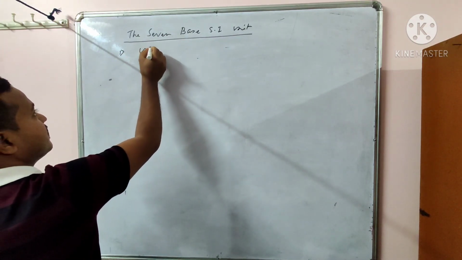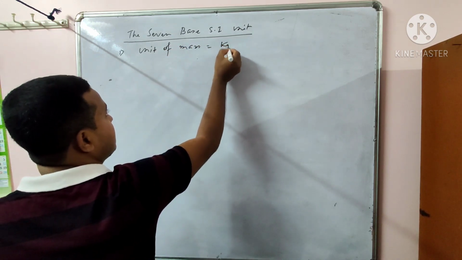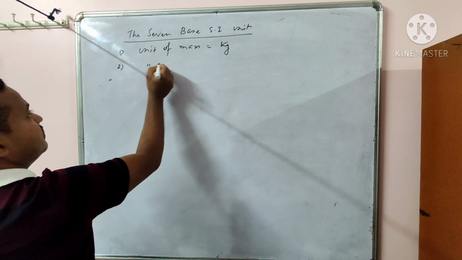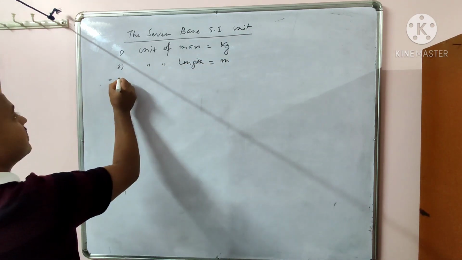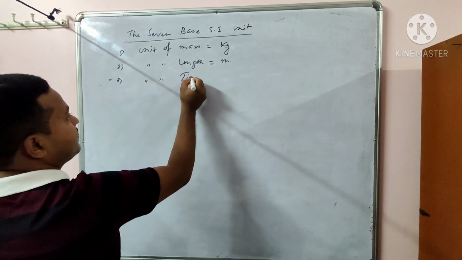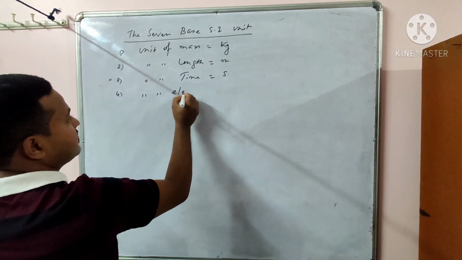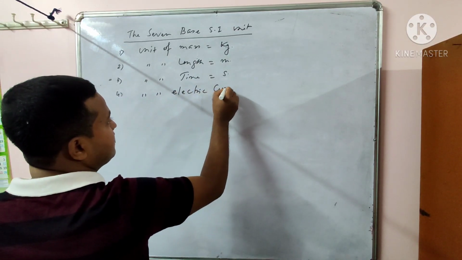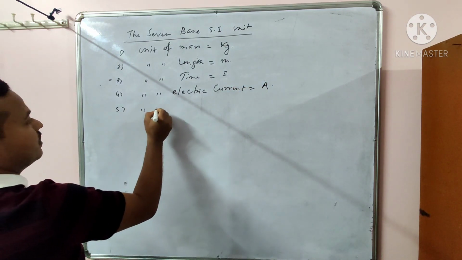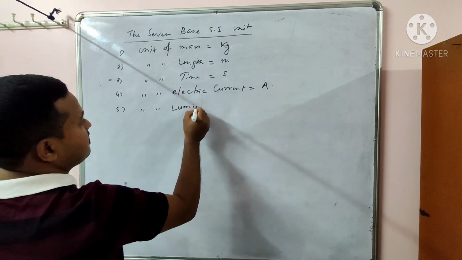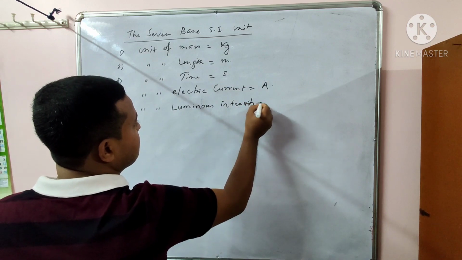First is unit of mass, that you know already, kilogram, that is kg. Unit of length, that is meter. Unit of time, that is second. Unit of electric current, that is ampere. Unit of luminous intensity, that is candela.